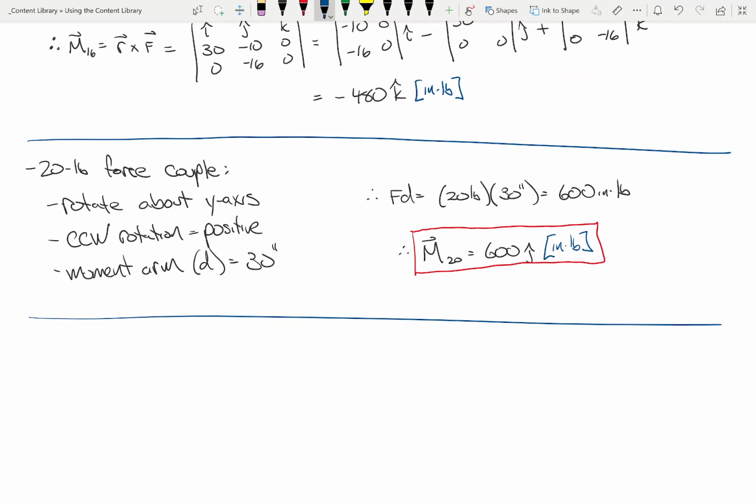By the way, let's put this up here. So this one is plus 600 J. Is this making sense? Is everybody okay with this?